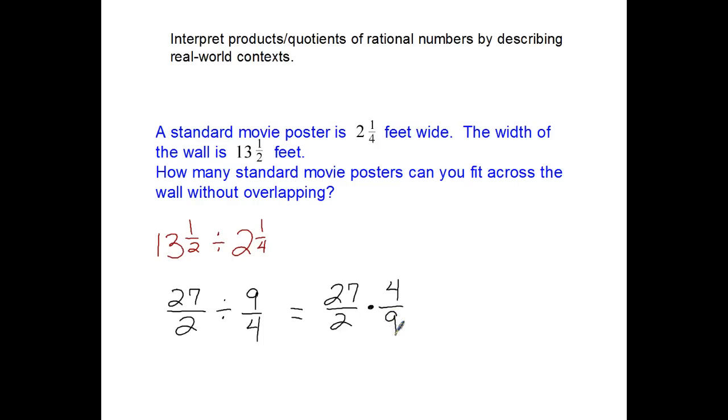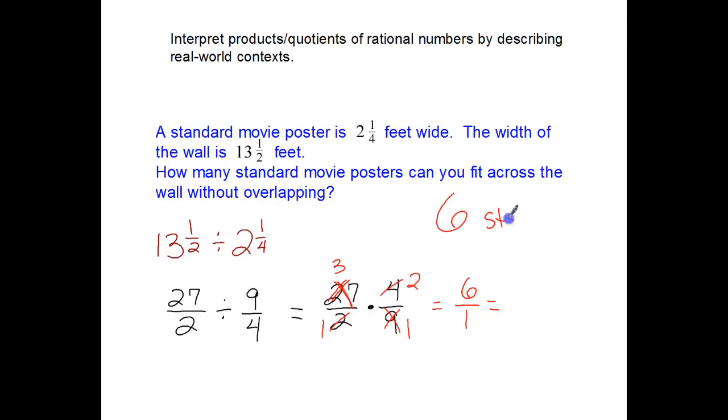Look to cross cancel. We have a lot of things we can cancel here. That's good. Cancel, cancel here, and then cancel. 9 goes into 9 once, 9 goes into 27 3 times, and goes straight across. So 6 over 1, which is 6 standard movie posters.